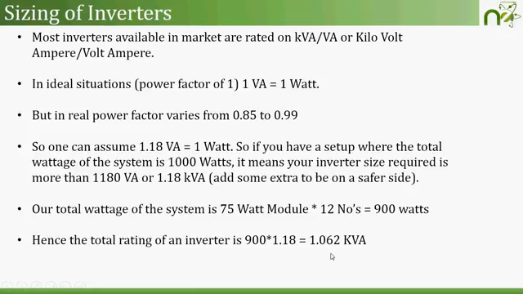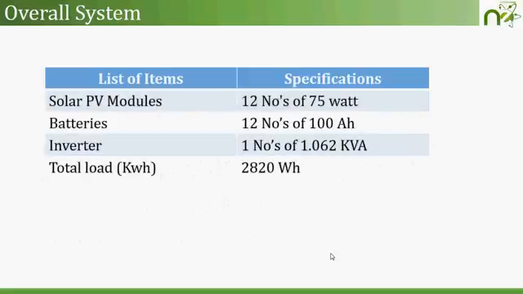And this includes all the losses and other things, because we have already considered all the losses in the system. So this is all about the sizing of inverters. So we have considered load estimation, solar panels, batteries, and inverters. Now let's take a summary of the overall system. Solar PV modules, 12 numbers of 75 watt, batteries 12 numbers of 100 ampere hours, and inverters 1 number of 1.062 kVA.